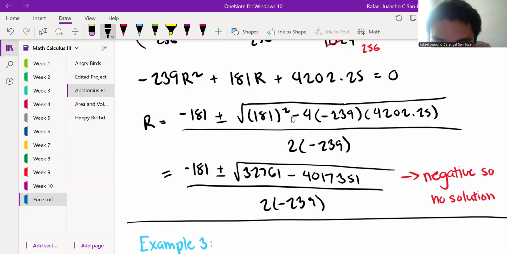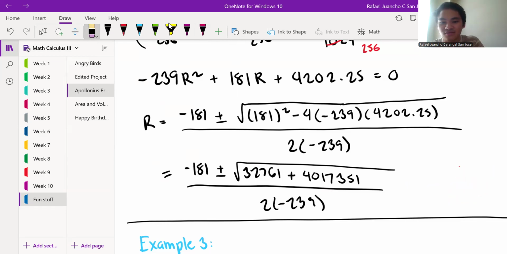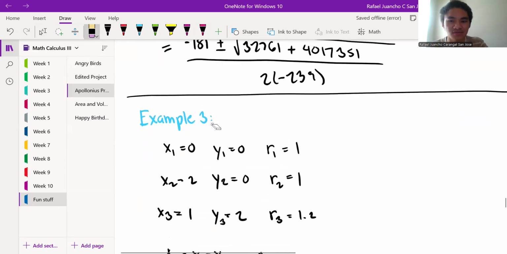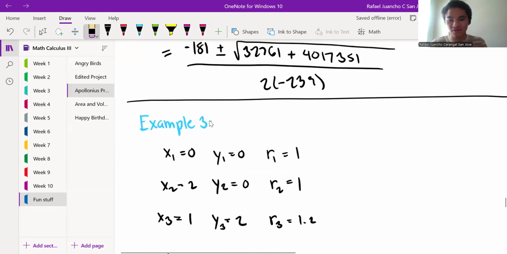Oh, wait. Negative times negative is a positive. Oh, oh. So that one worked. Oh my God. There are solutions for this, it works. Wait, let me try this other one. 478.